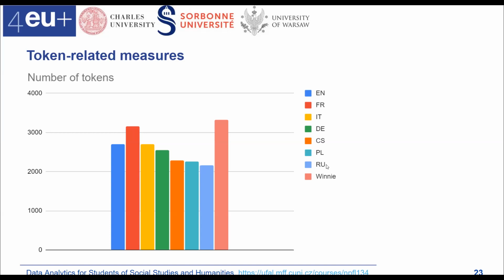I have used it to translate it into Russian. So what you see in light blue is the Russian automatic translation from English. Then the last column is called Winnie.